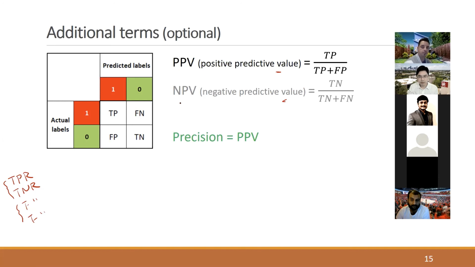These are correct predictions. These are more like prediction rates or predictive values. Positive predictive value is the amount of true positives out of all the positive predictions, even though some of those are false positives. So these are according to the columns.